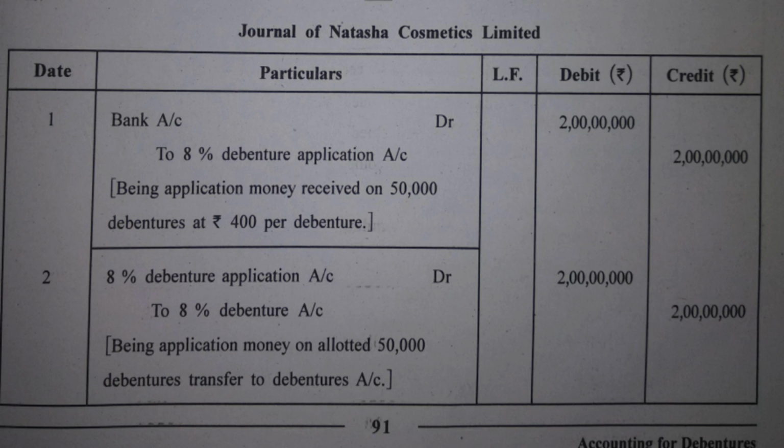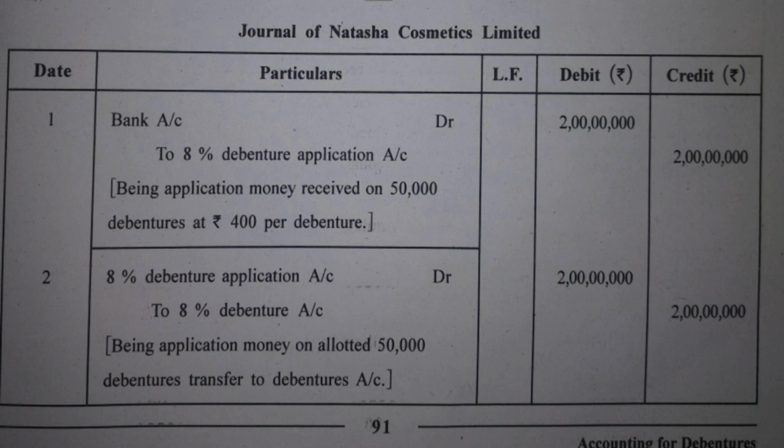So what about the balance amount? 600 rupees. So 600 rupees will be received with allotment, of course. And an additional thing here is that these debentures will be redeemed at premium. So which case is this?